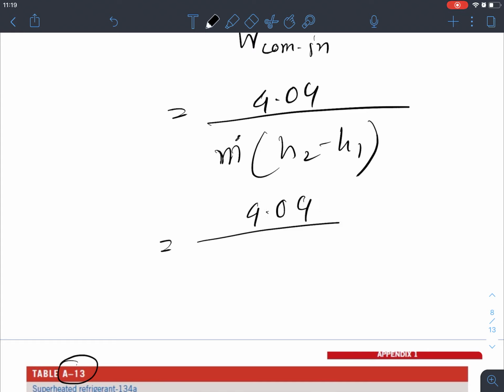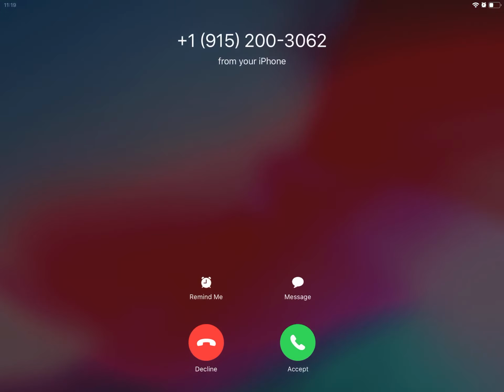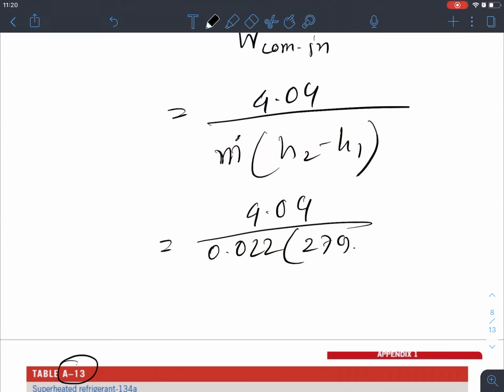So it would be 4.04 divided by 0.022 times H2, we know 279.45 minus H1, which equals 256.48.